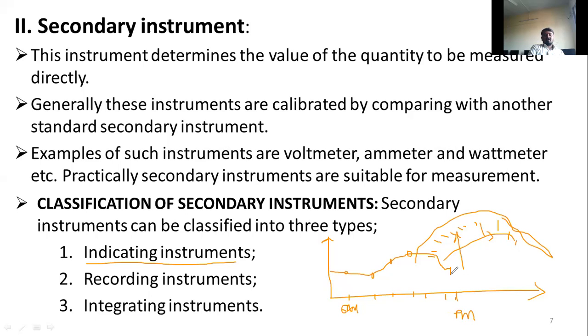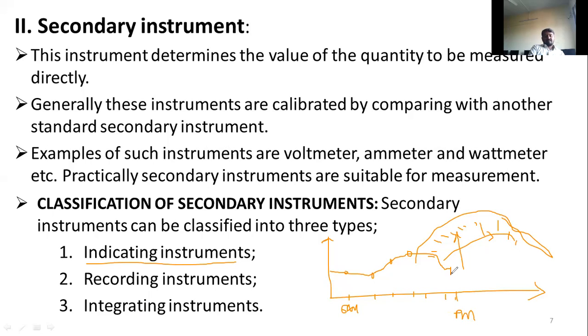These instruments measure a quantity for a particular duration. With respect to time, how much quantity we have consumed: that is called integrating instruments. Example is the energy meter. For the monthly electricity bill that comes to your house, how much power you have consumed, or how much energy you have utilized.